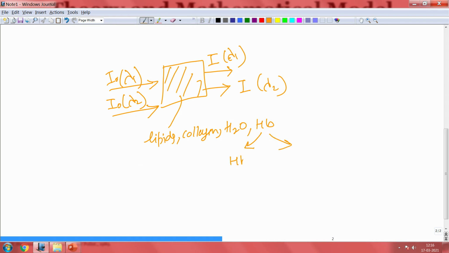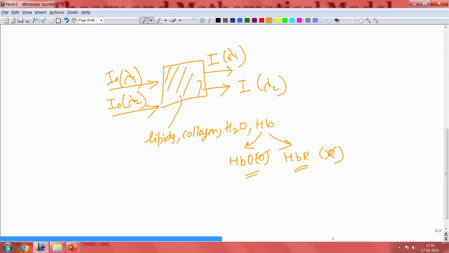It could be oxygenated hemoglobin, or it could be reduced hemoglobin, which is also known as HBr. Either it would be carrying the oxygen or it would not be carrying the oxygen. In both cases it will behave differently.